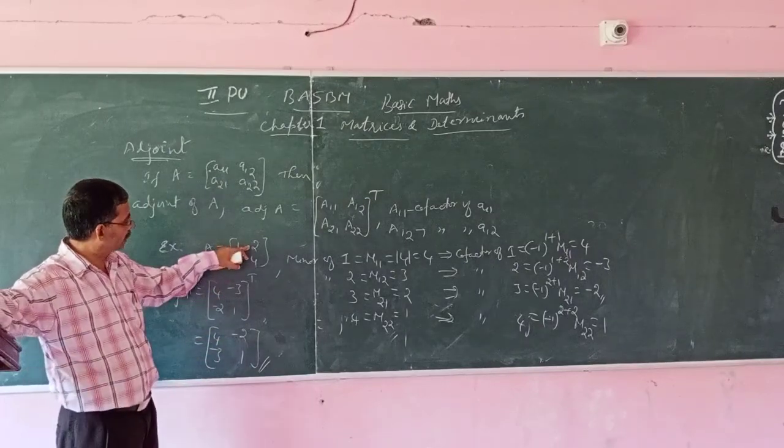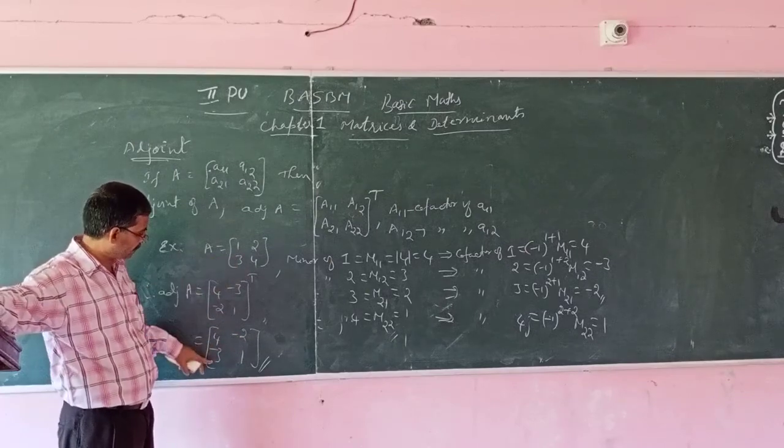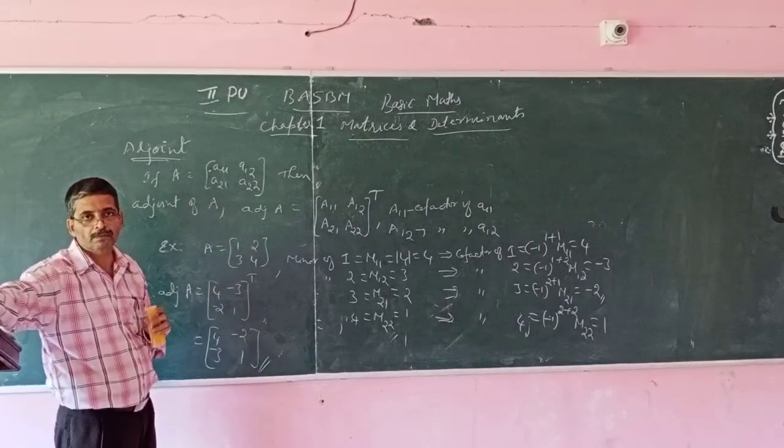Next, 2 becomes minus 2, and 3 becomes minus 3. So it is easy to remember.